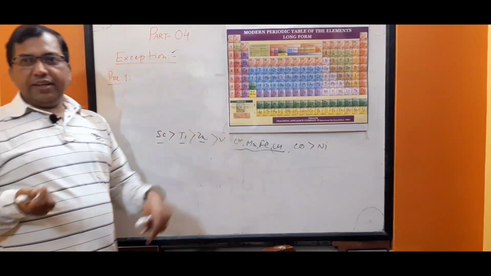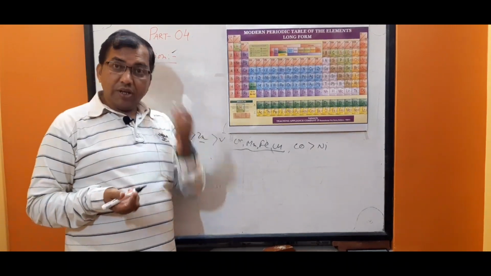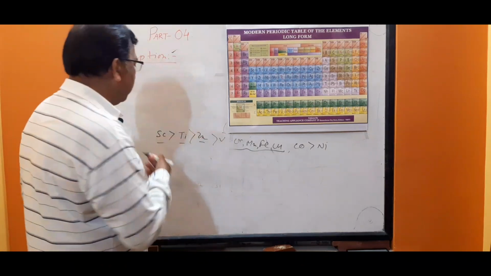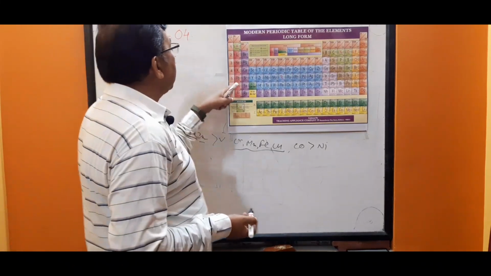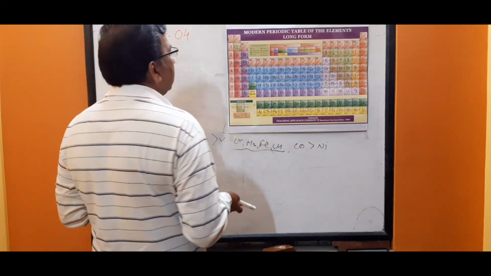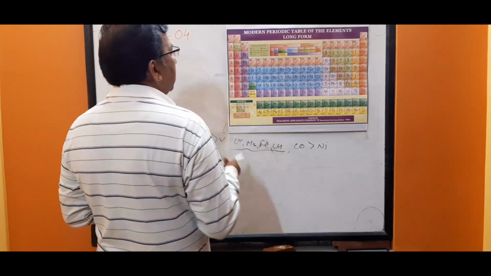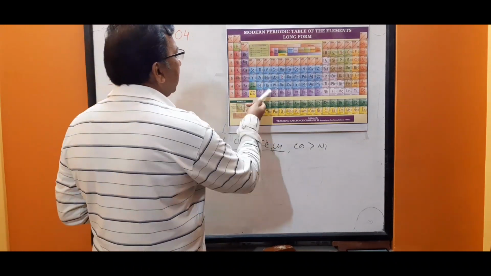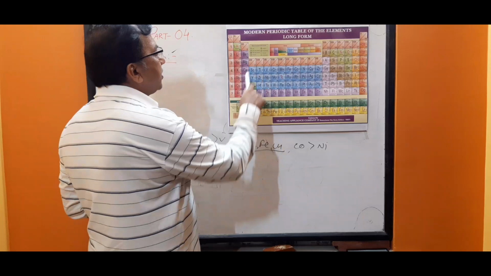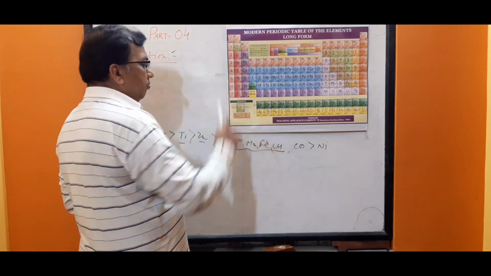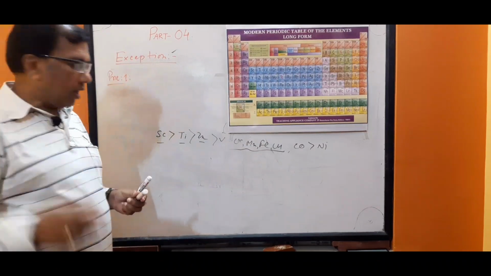So again I am coming to the exceptions of the 3d, 4d, 5d series, that is the 5th and 6th periods. The elements are scandium, yttrium, lanthanum, titanium, zirconium, hafnium, vanadium, niobium and tantalum. Observe very important things here; questions may come, these are very important.